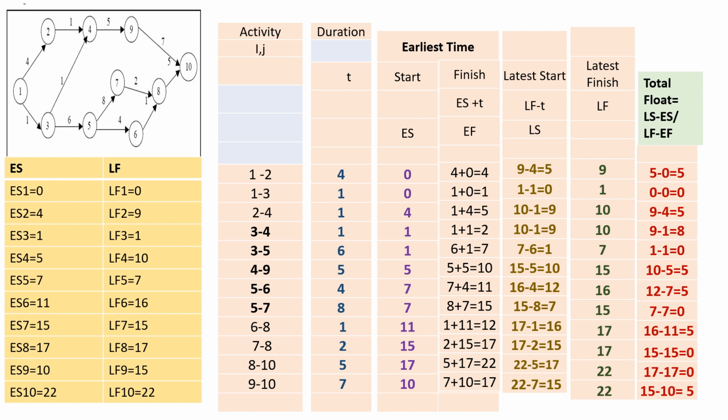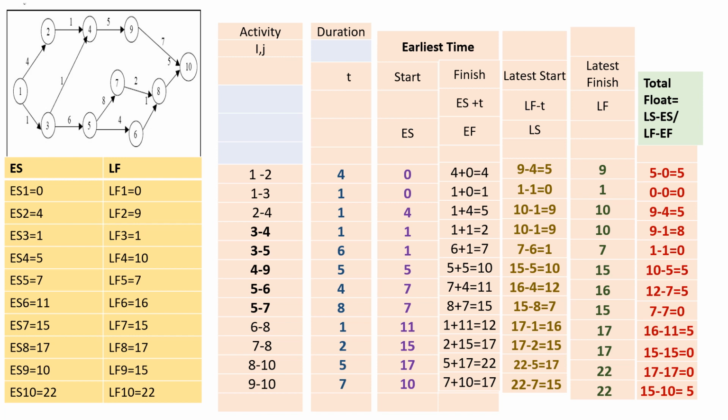For activity 1 to 3, LS is 0 and ES is also 0. So total float is 0 minus 0 equals 0. For activity 2 to 4, LS is 9 and ES is 4. So total float is 9 minus 4 equals 5. In the same manner, you calculate total float for all other activities.